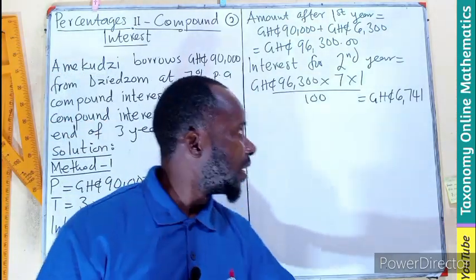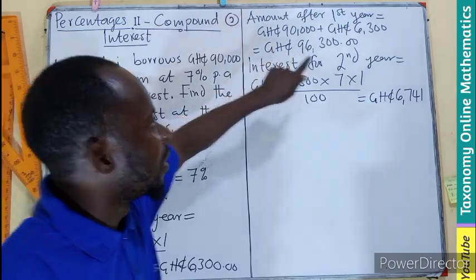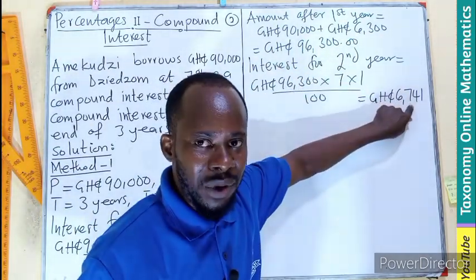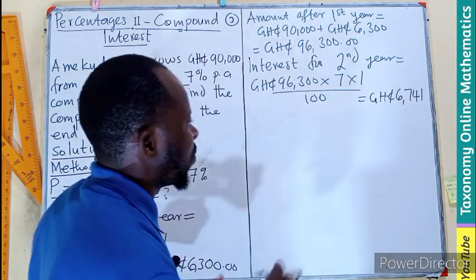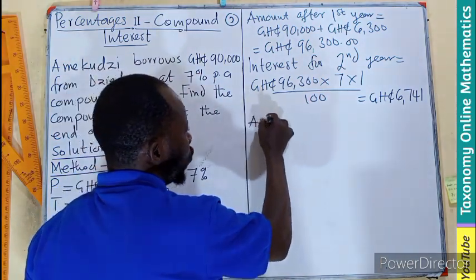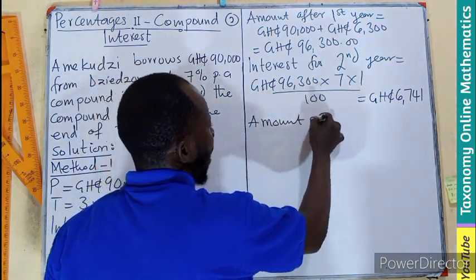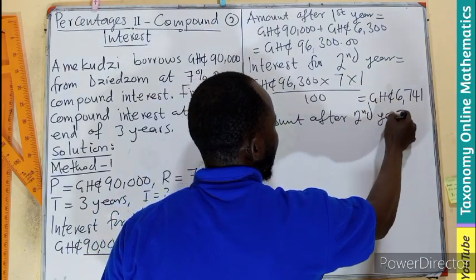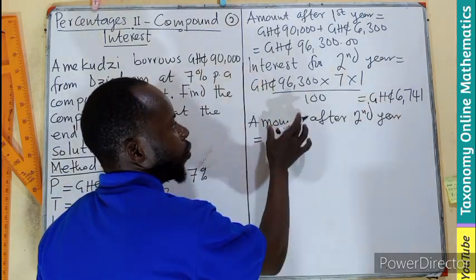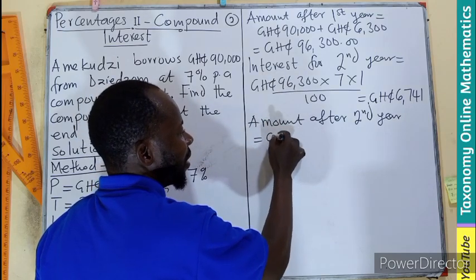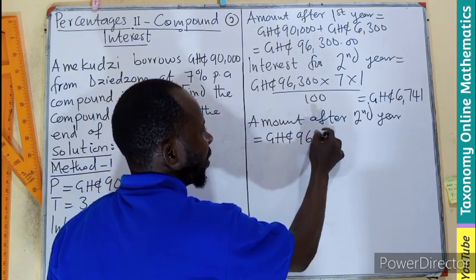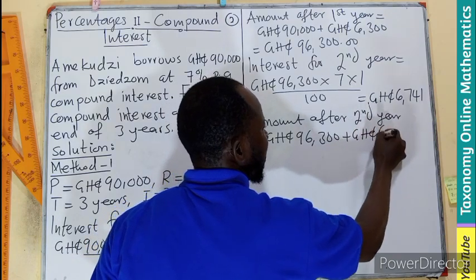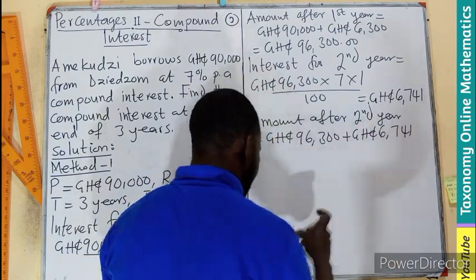In compound interest, the interest keeps on increasing. 6,300, 6,741. It keeps on increasing. So let's see what the amount will be. The accrued amount after the second year: what is the principal I began with? I began with 96,300, and that earns me 6,741.